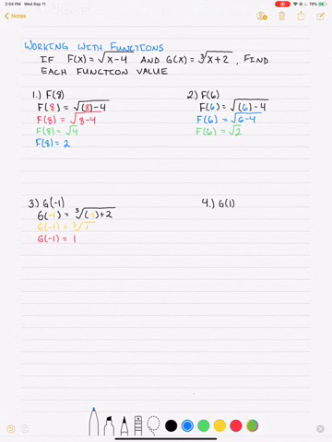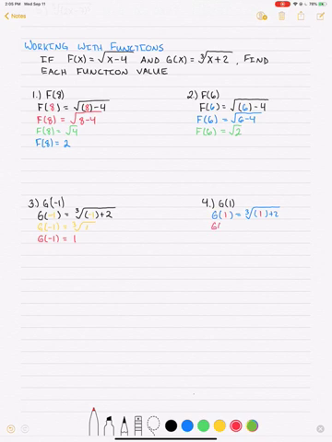Last example, we have g of x equals the cube root of x plus 2. I know that I'm taking out the x's and I'm putting parentheses in their place. I'm going to plug in 1.